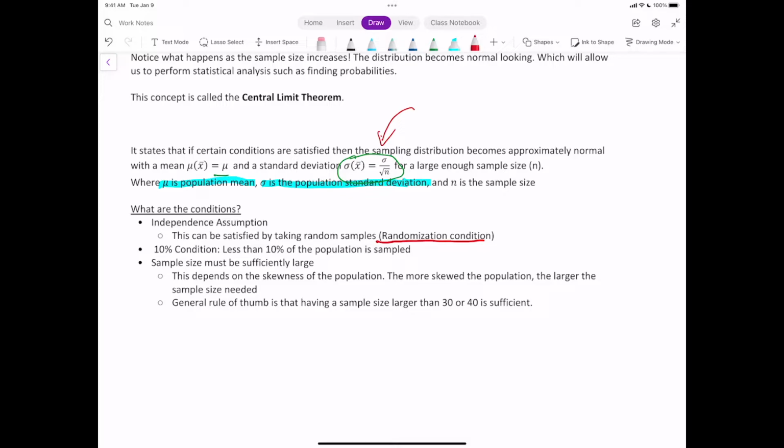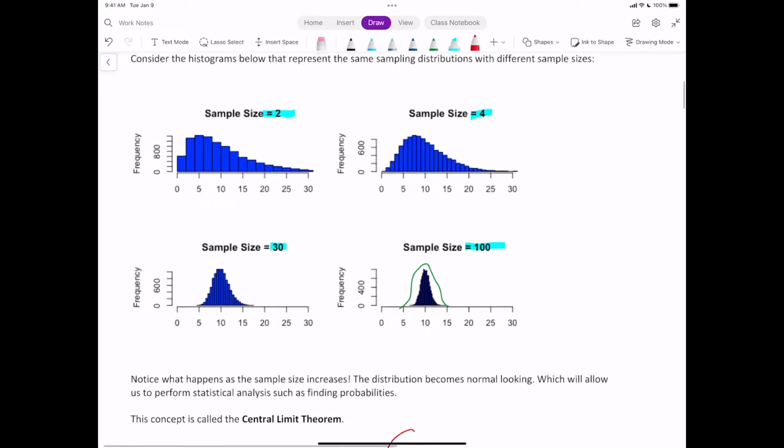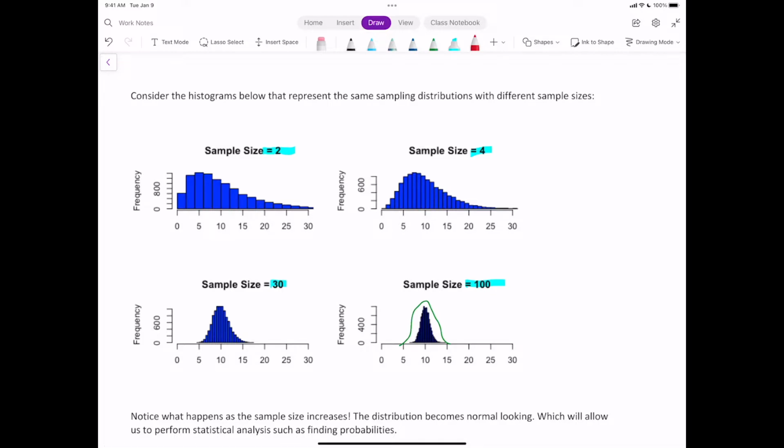Folks, I would love to be able to tell you that there is a cut and dry number that you should look for, but that's not the case. Sufficiently large depends on the situation, the skewness. If we start off with a very skewed situation like we saw in this example, it takes quite a large sample size for us to start to become normal. It starts to happen around 30.